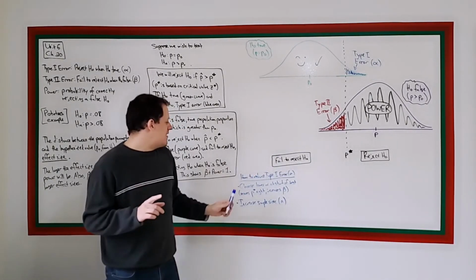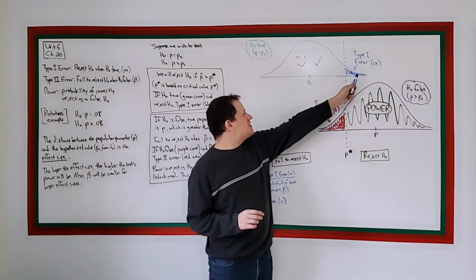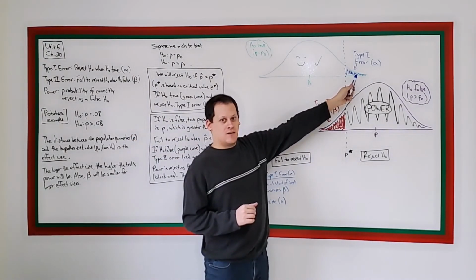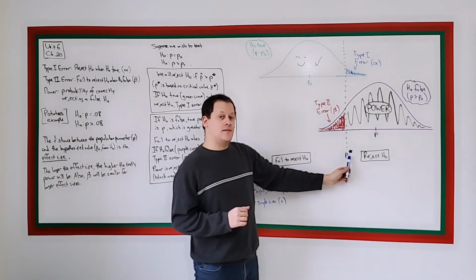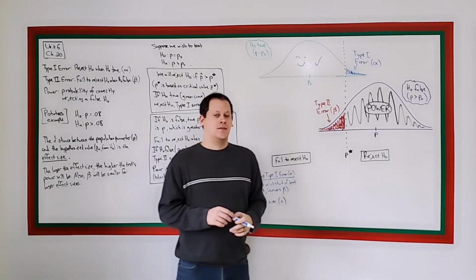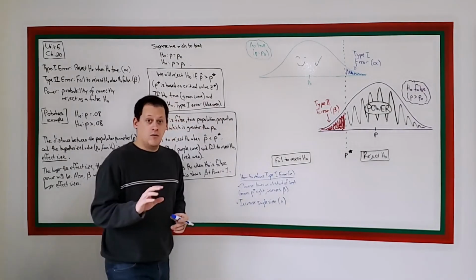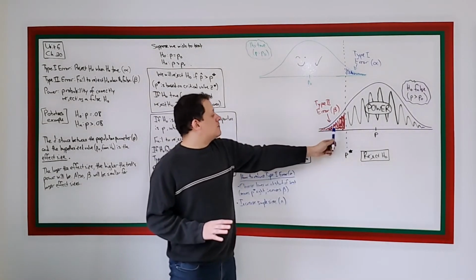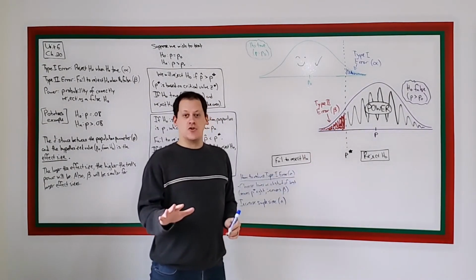We're saying that increasing the sample size will reduce this area without moving this line. How is that possible? Remember, each of these two curves represent the sampling distribution of p hat.